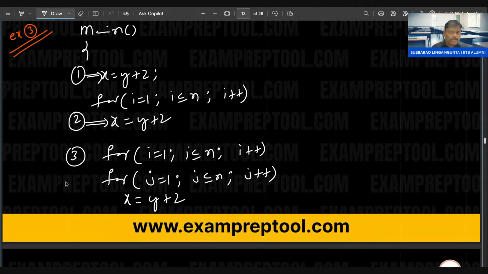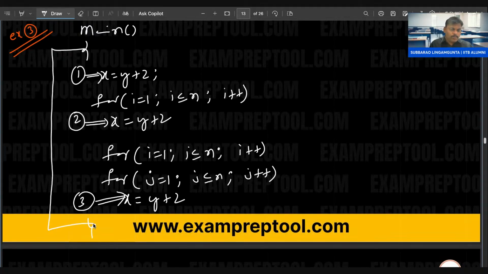It is the third statement. Remember, the for loops are not the third statement, but inside the for loop, whatever is there is the third statement. So this problem contains 3 statements. Observe carefully. I have given the numbers also. In the third problem I am explaining, there are internally 3 statements.